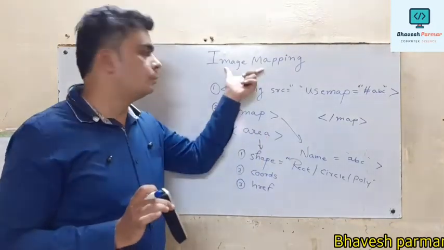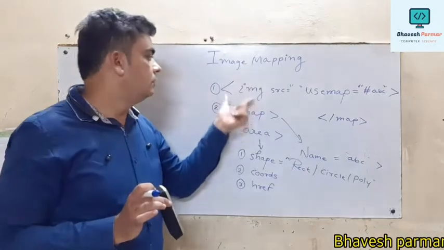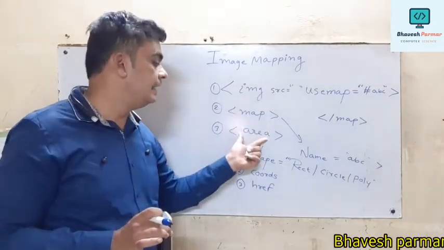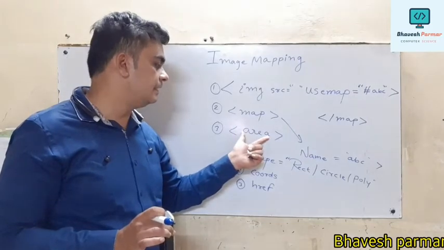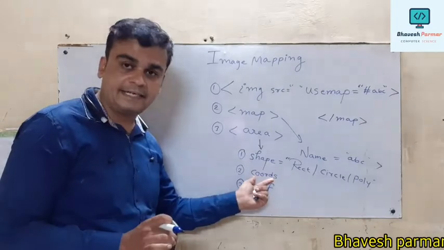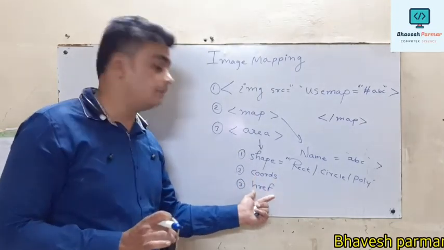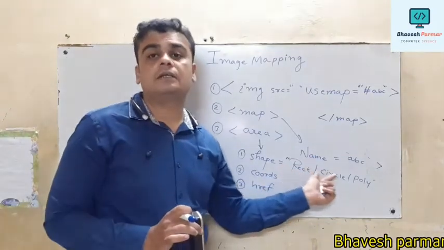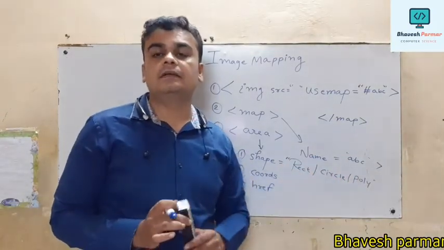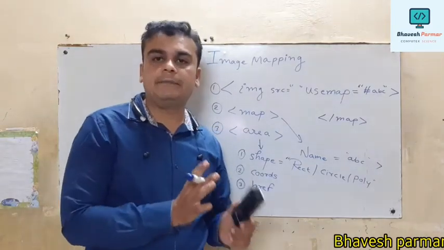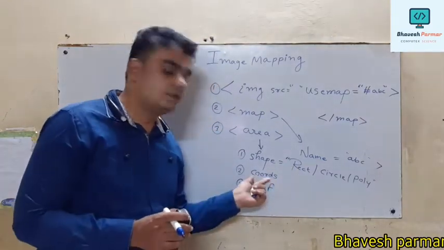Generally, to perform an image mapping practical, we must use the IMG tag, then the map tag and the area tag. The area tag consists of these three attributes: shape, coords and href. The shape attribute represents rectangle, circle and poly, which we can use as an image mapping hyperlink in our program.